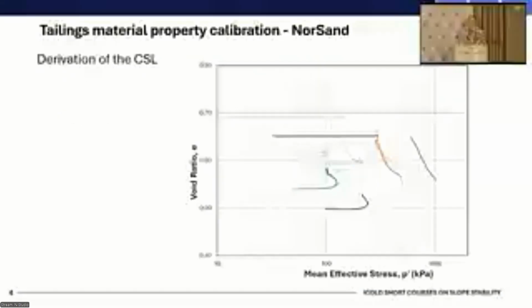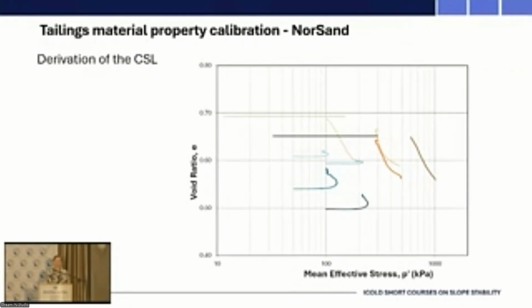So I'll start off by going through the derivation of the properties used as input into the NORSAND model. And for this, we mainly use triaxial tests. On the plot are the stress paths of some triaxial tests that were conducted on the overflow material.